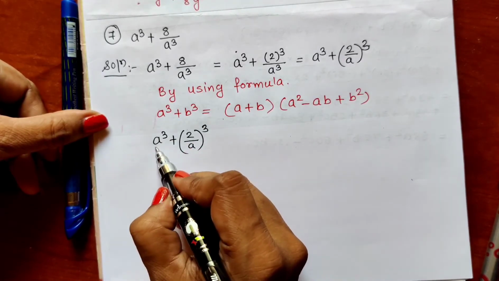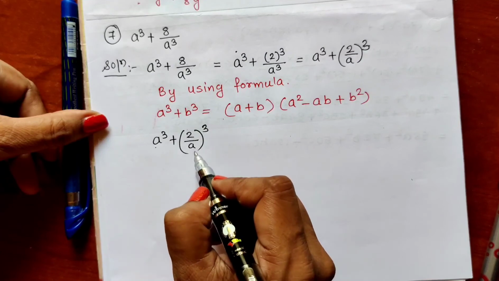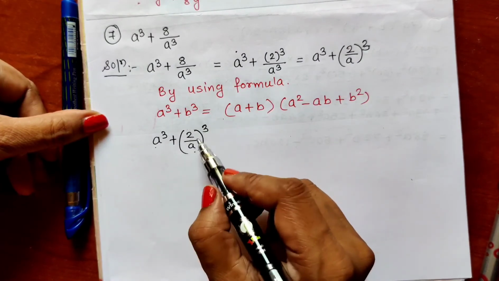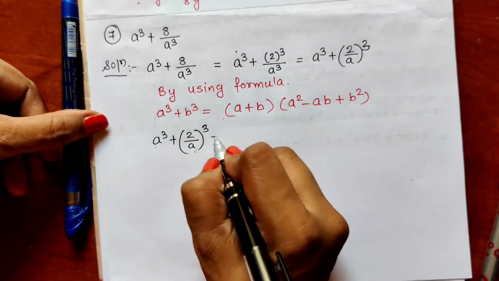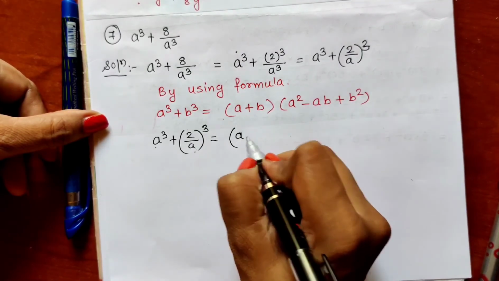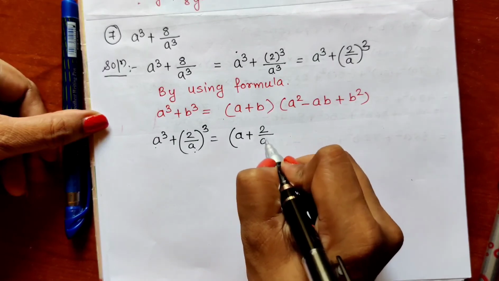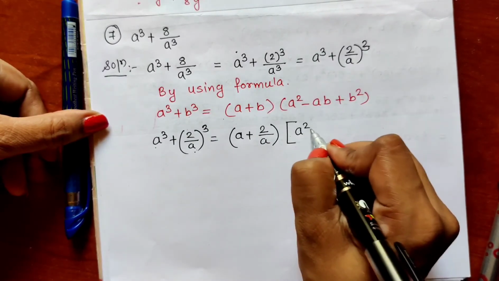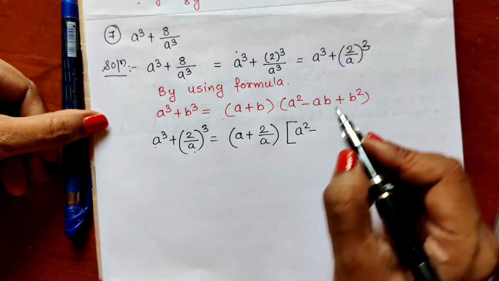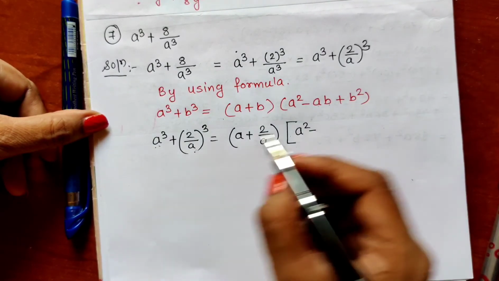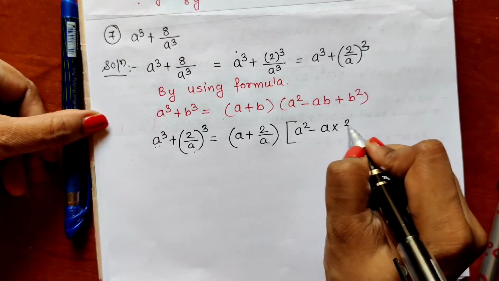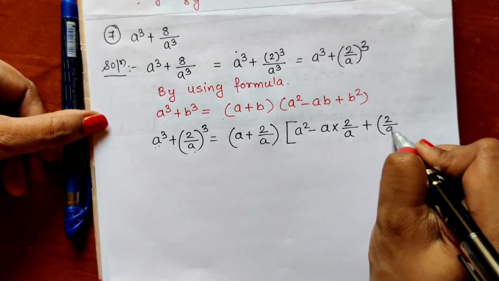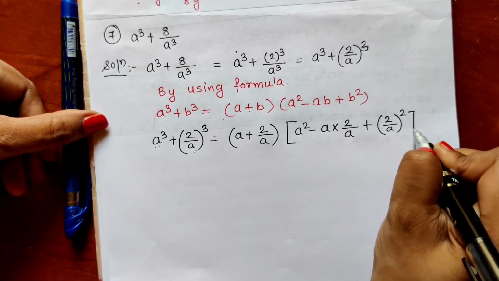Our a is a only and b means 2 upon a. So in place of a we will be writing a, but in place of b we will be writing 2 upon a. So a plus b means a plus 2 upon a. We put the square bracket, a square minus a into b. A is a but b is 2 upon a. So a into 2 upon a plus b square means 2 upon a whole square. Close the bracket.